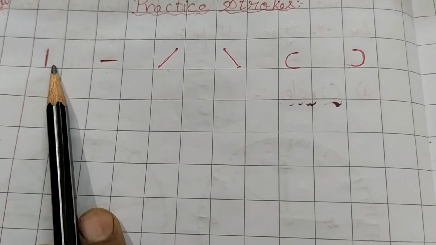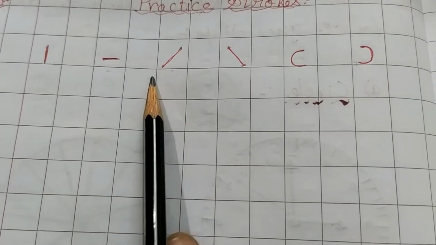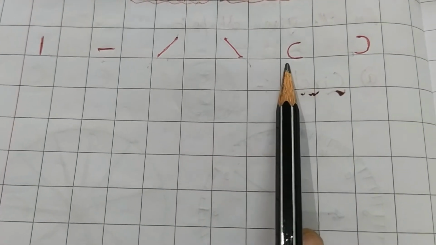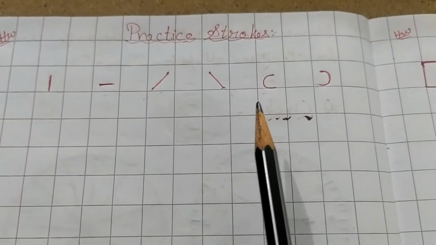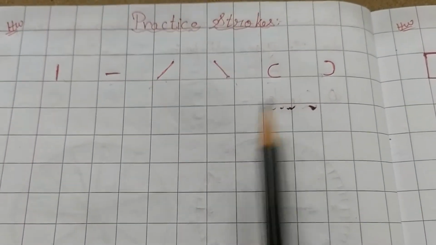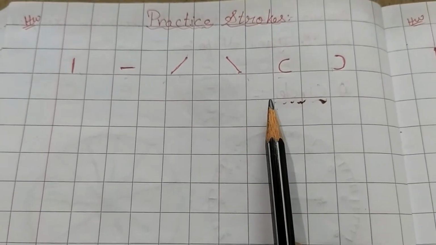What is this? Standing line, sleeping line, right slant, left slant, right curve and the left curve. So you can make them write each of these in one row for the whole page. This is the practice homework, and later you can also give them a small assessment.